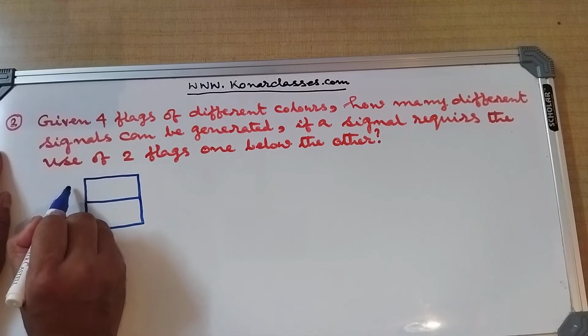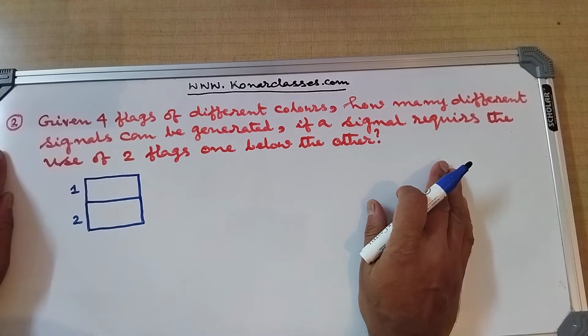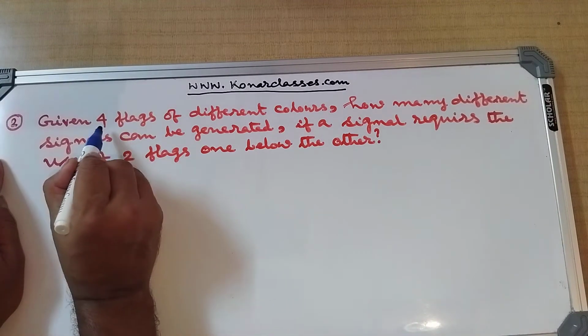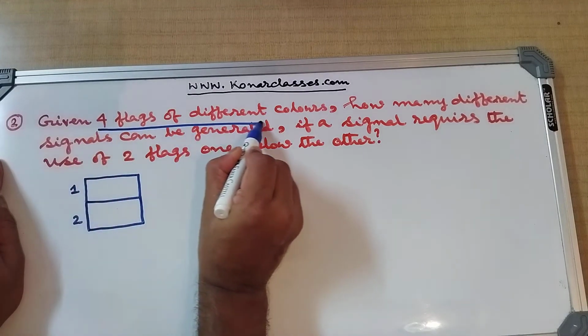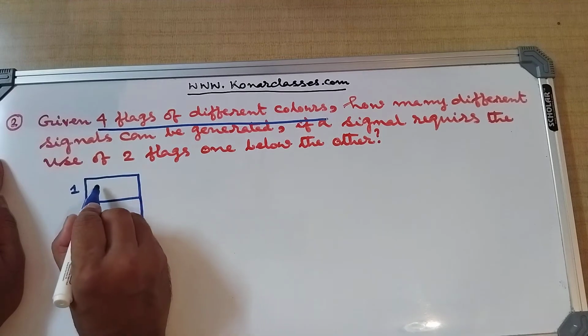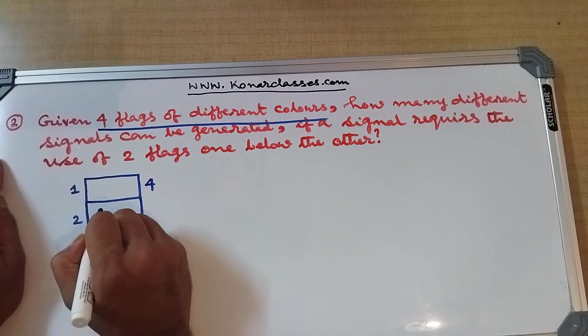So this is the first flag and this is the second flag. Now the upper vacant place can be filled in 4 different ways. Correct or not? Because there are 4 flags of different colors. So this upper flag can be filled in 4 different ways.